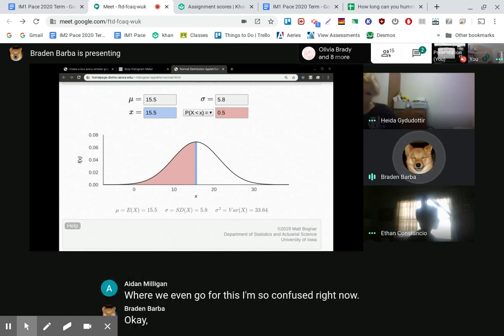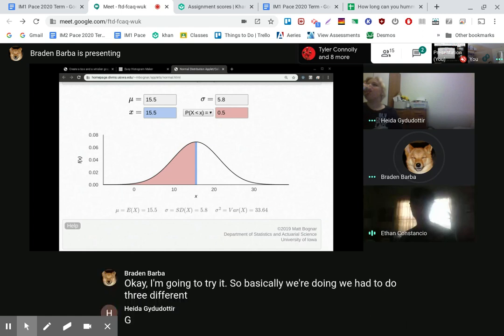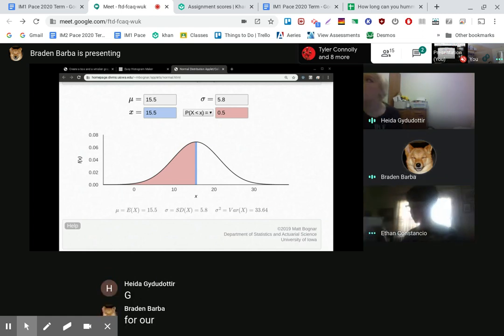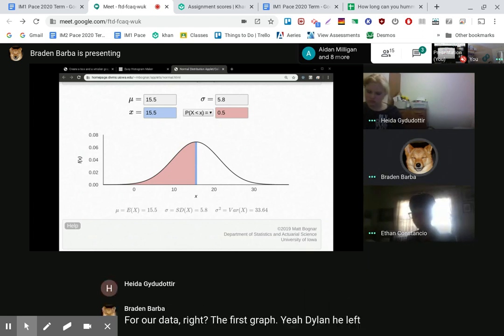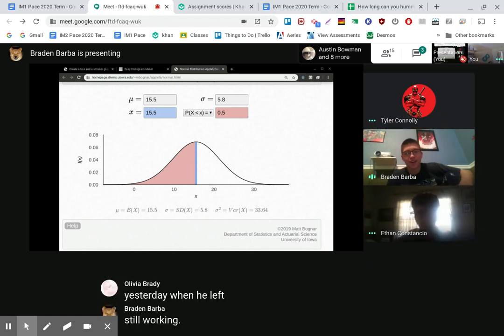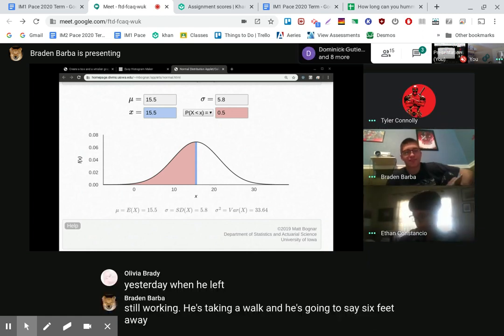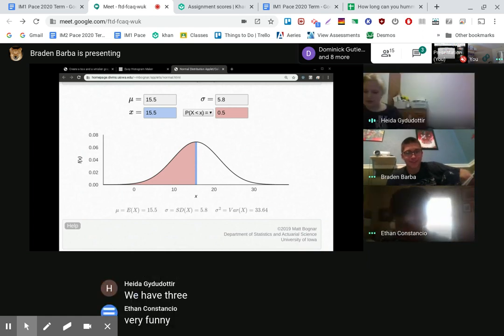I'm going to try. So basically, we had to do 3 different graphs for our data, right? He left, but he said we're still working. He's taking a walk, and he's going to stay 6 feet away from other people. Very funny. You have to have 3 different graphs.